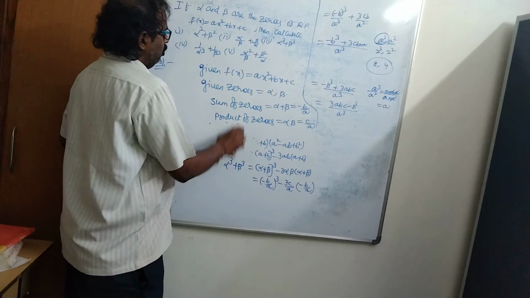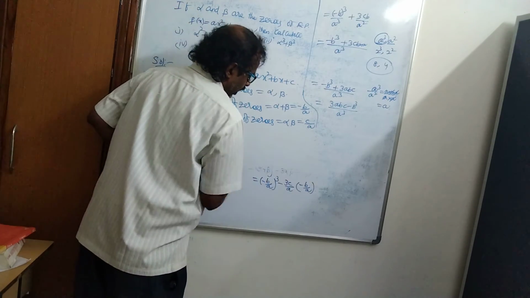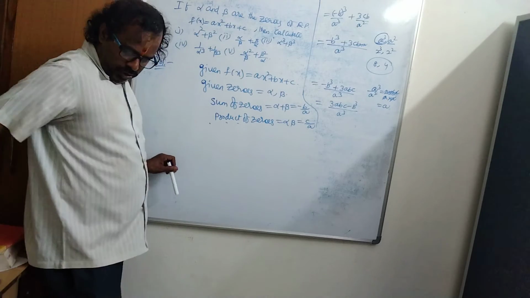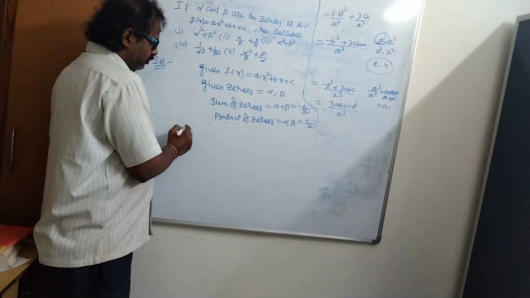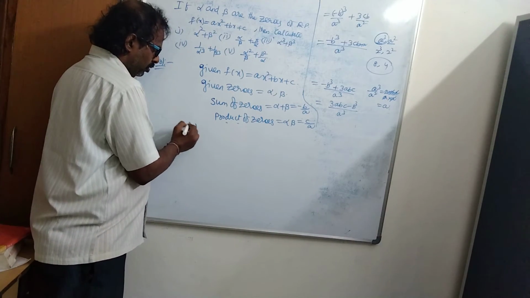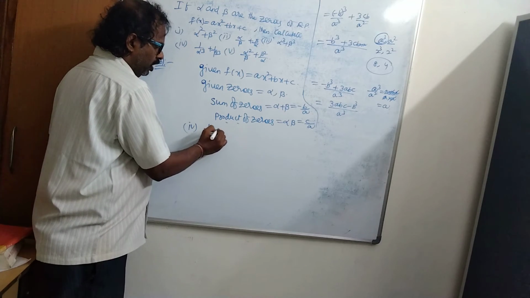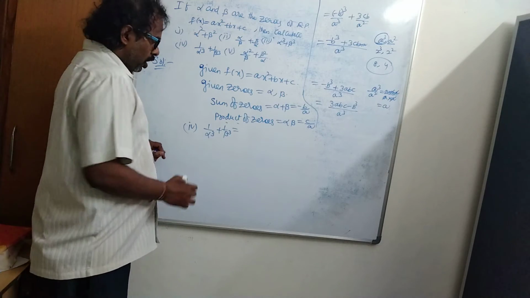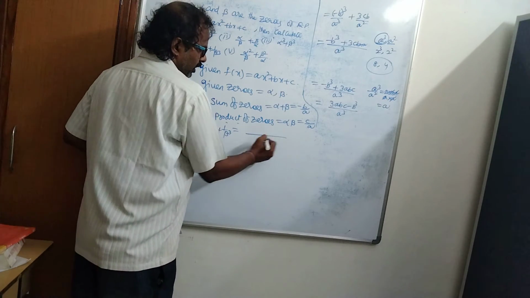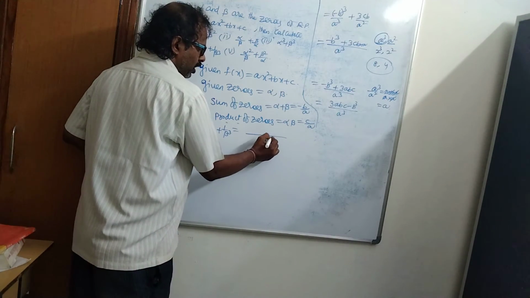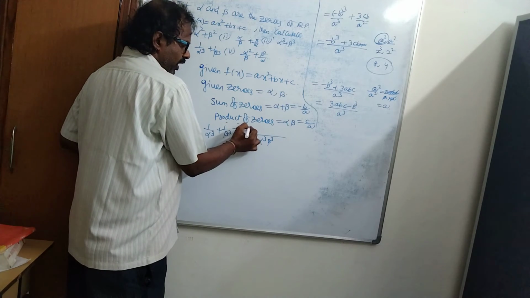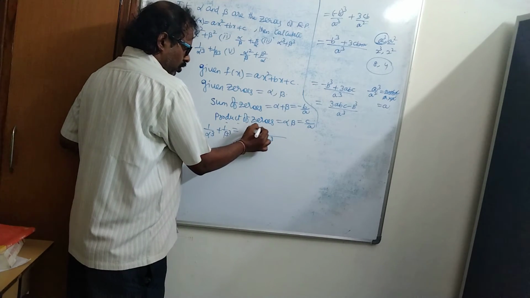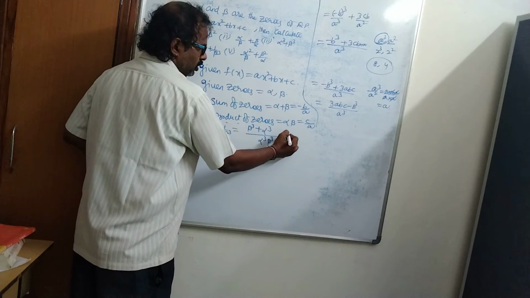Next, coming to 1 by alpha cube plus 1 by beta cube. So what do we get here? Fourth one, 1 by alpha cube plus 1 by beta cube. Now take the LCM, we get alpha cube beta cube, and in the numerator we get beta cube plus alpha cube.